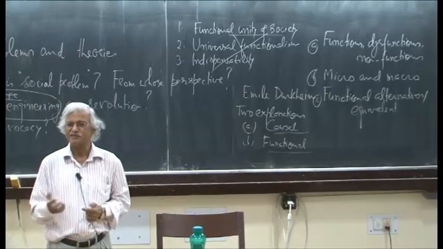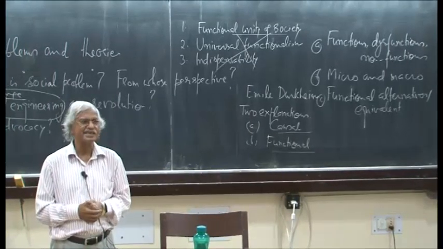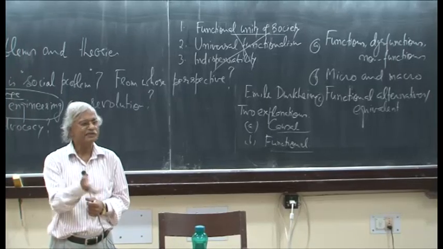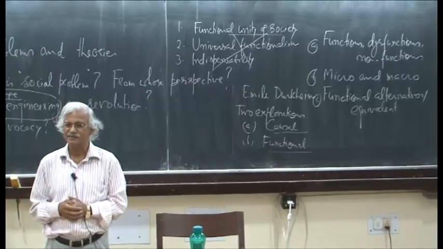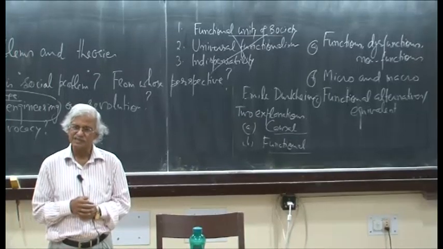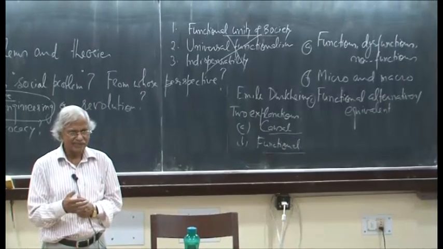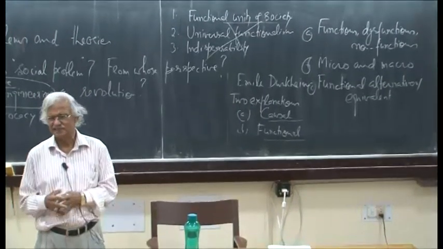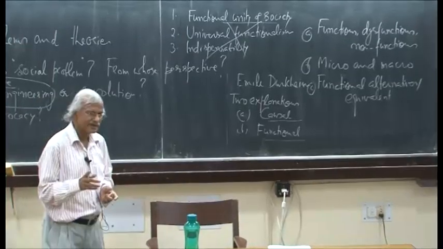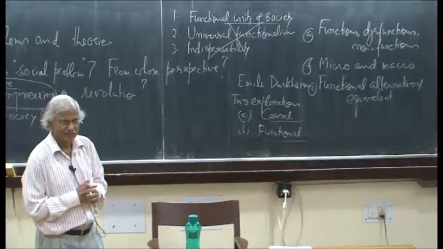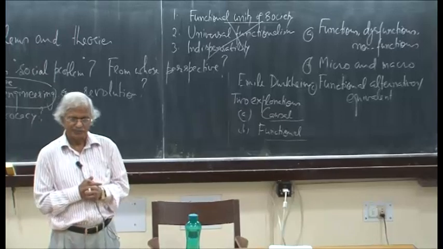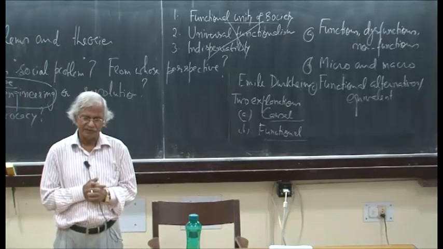And it is quite possible that something which is functional at one level may be dysfunctional at other levels, and something which is dysfunctional at one level may be non-functional at other levels. I think I gave the example of economic development by going for big dams.